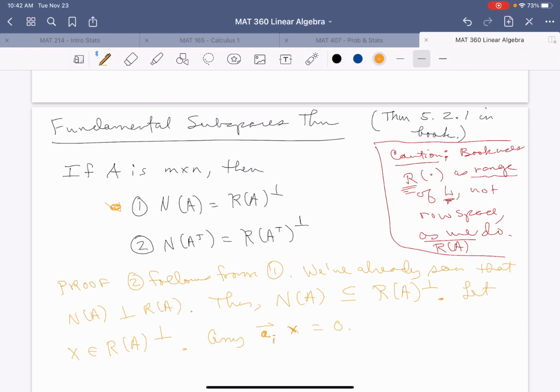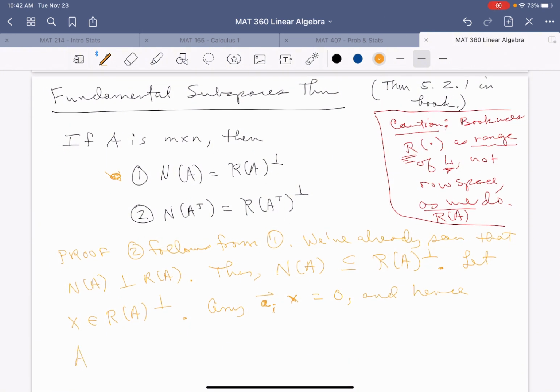Because x being in the orthogonal complement of the row space means that the dot product of any row of A with x gives 0. And hence, we see that the whole matrix A times the vector x must give the 0 vector, which implies that x is an element of the null space of A.